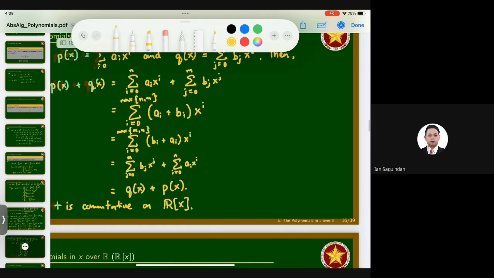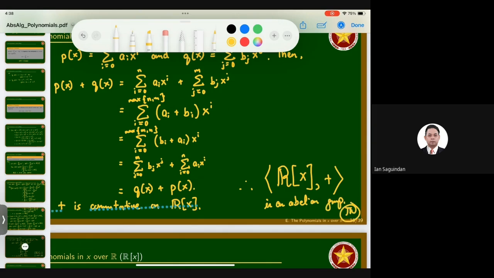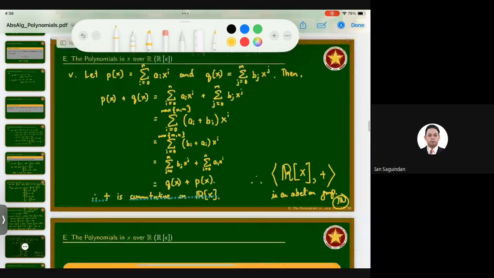And furthermore, what did we achieve? Therefore, the set of all polynomials in x over the set of all real numbers under the chosen addition is an abelian group. Okay, I hope the proof is clear.